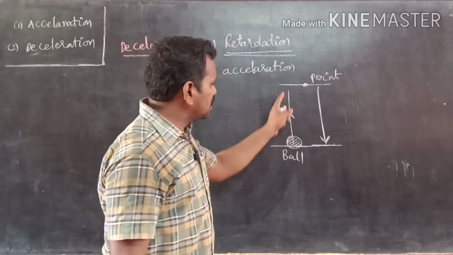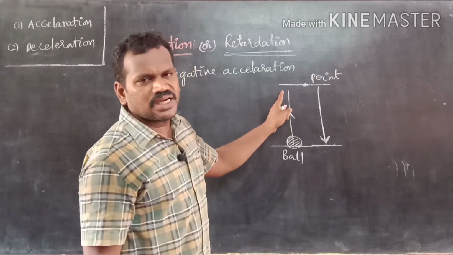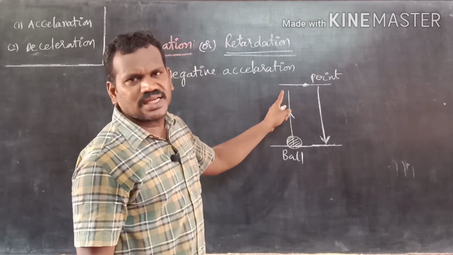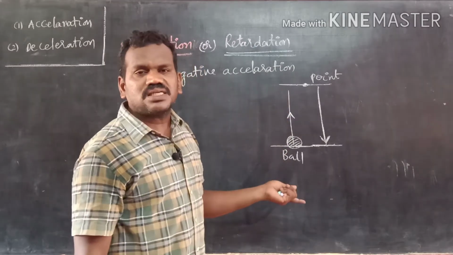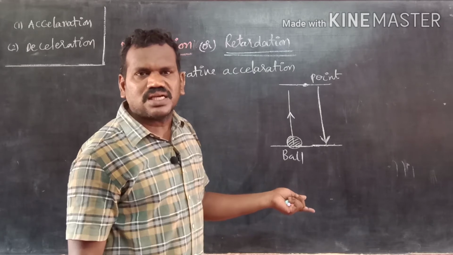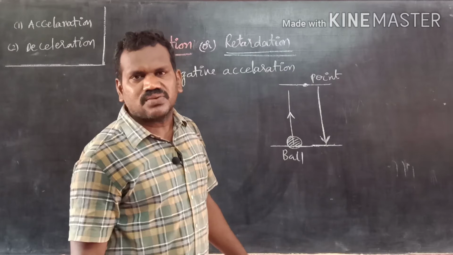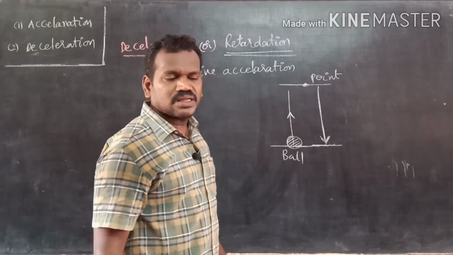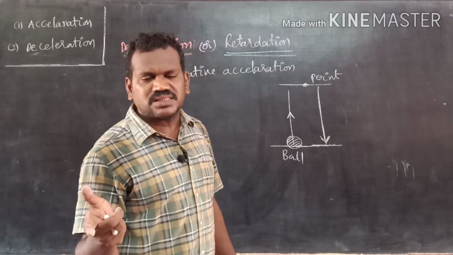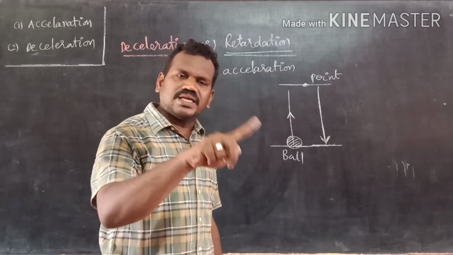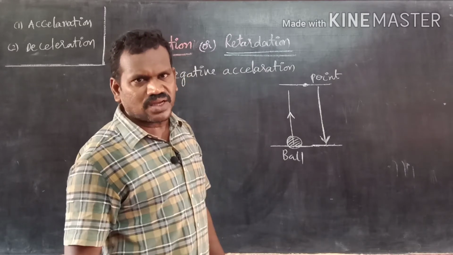As it moves in the upward direction, the speed of the ball gradually decreases, that is, the velocity of the ball gradually decreases. Here in this, the velocity of the ball gradually increases. That means there is a change in the velocity, which may be an increase in the velocity or a decrease in the velocity.